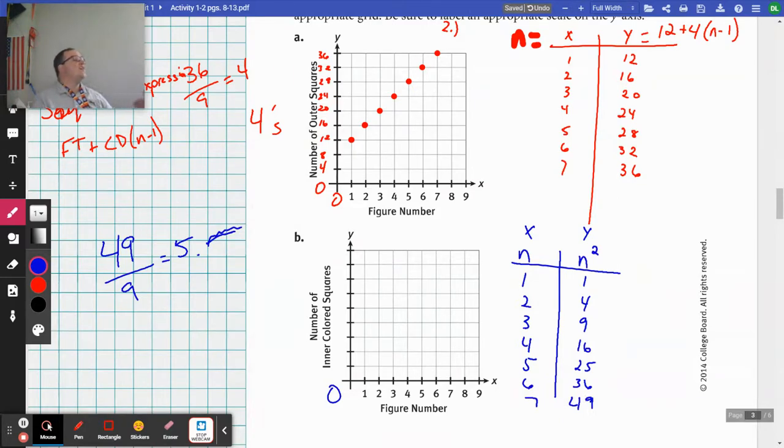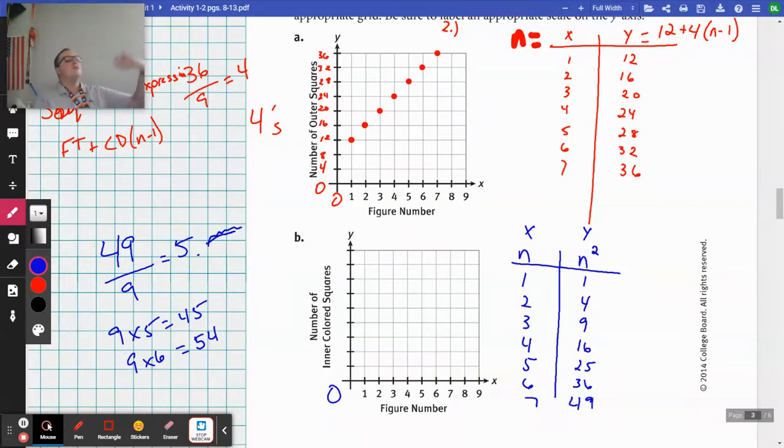So can my scale be 5? No, because if it's 5, will it fit? No, not everything will fit. So I got to use my next whole number up. Here's the reason why. If I say 9 times 5, that's 45. If I say 9 times 6, that is 54.